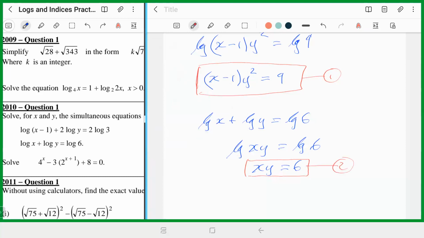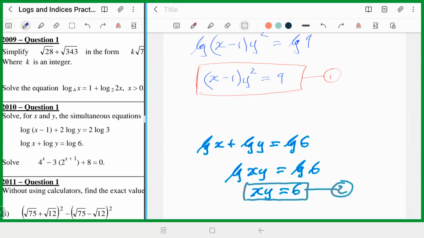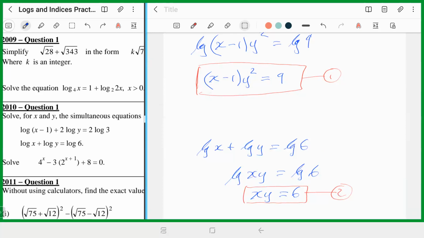I can substitute for xy in this. Look what I'm going to do. Let me shift this down and just show you something. I'm going to generate the xy in this one up here. Let me take the box off. So I'm going to expand with the y.